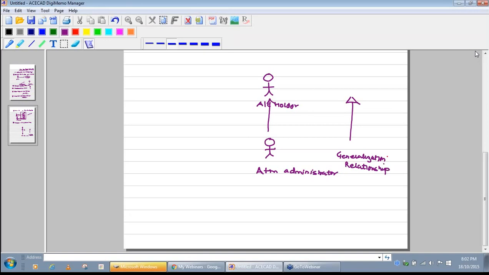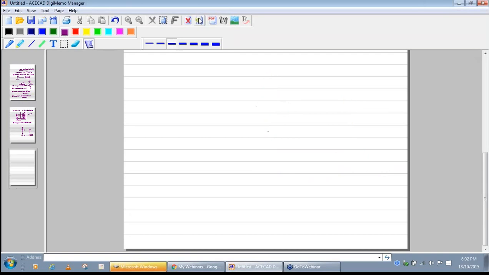Now let us learn the remaining three relationships in the use case model. The third relationship was that of generalization between use cases.